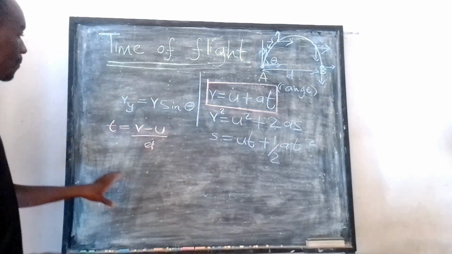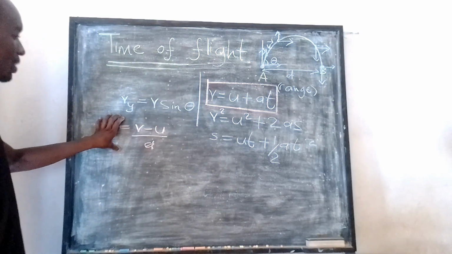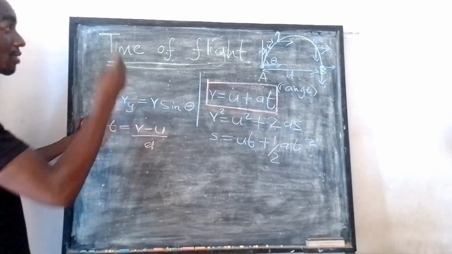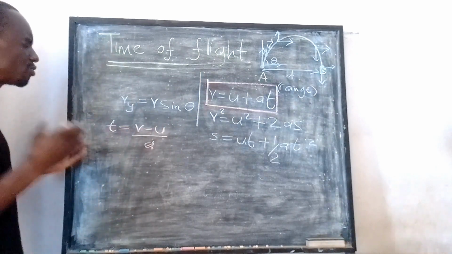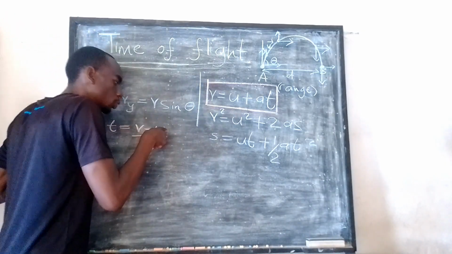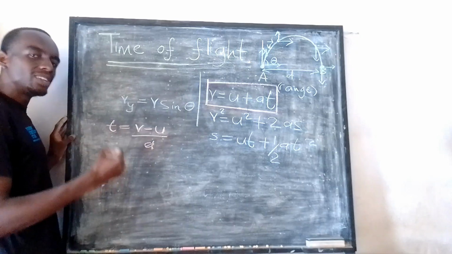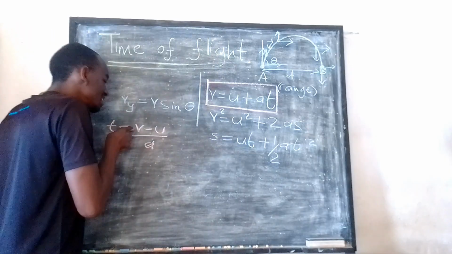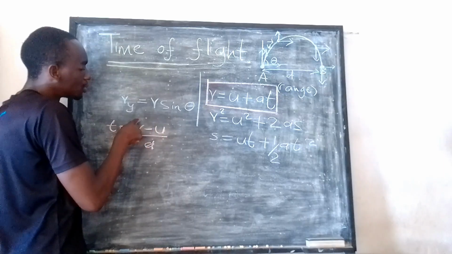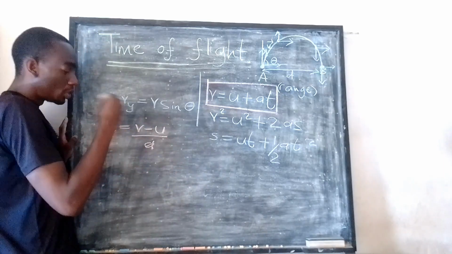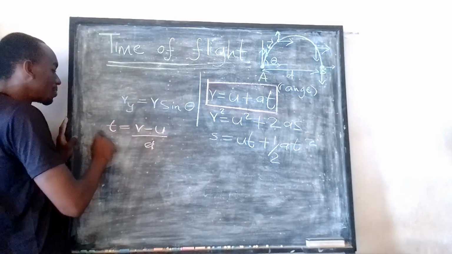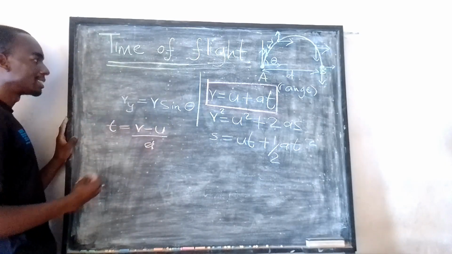In this situation, if you want to use this equation as the time of flight formula associated with the vertical aspect of the motion, you have to really know what v is and what u is. Failure to be able to deduce these two during the working of the question, then you will get the incorrect value of the time of flight.